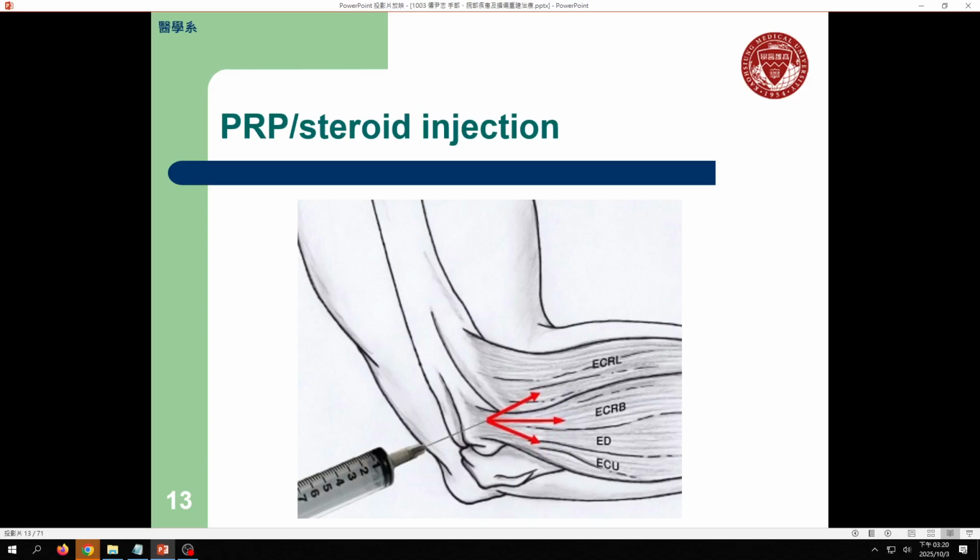Originally, this is for soft tissue inflammation, soft tissue repair, because in the PRP there's a growth factor inside, and then you inject into the local area, and the growth factor induces soft tissue formation. So you could inject PRP or steroid combined with the bandage. Maybe you will cure. Okay, and then combine some NSAID for painkiller.